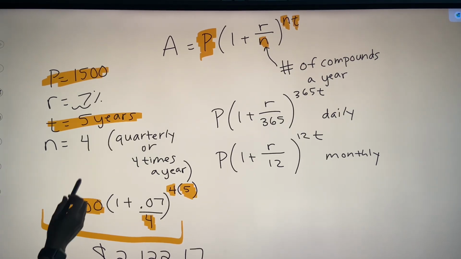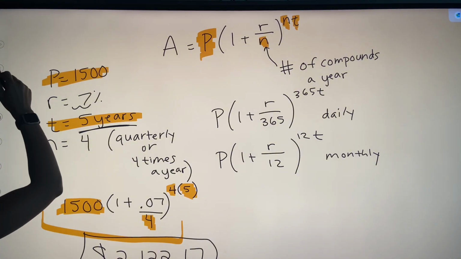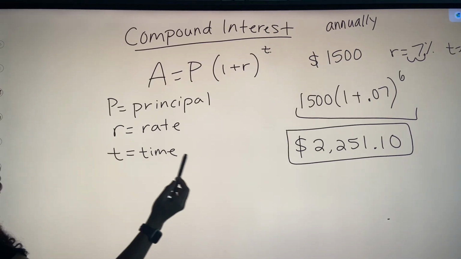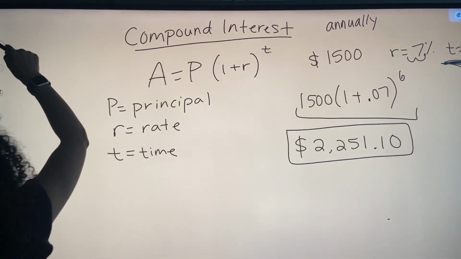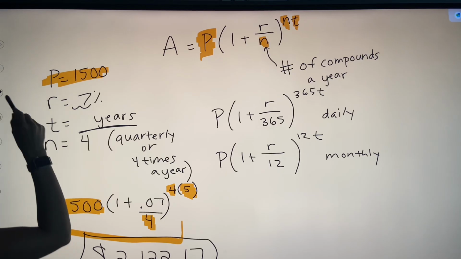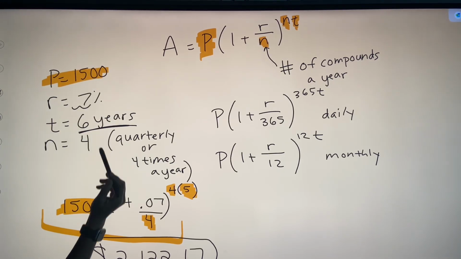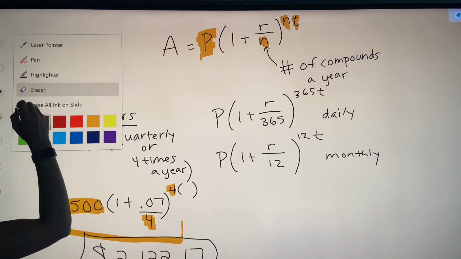Okay, so when it was just 5 years, this is how much money I got. But if we want to compare it to the previous problem where we did 6 years, let's try it for 6 years. So I'm going to erase this and do 6 years, and let's see how my answer will change.